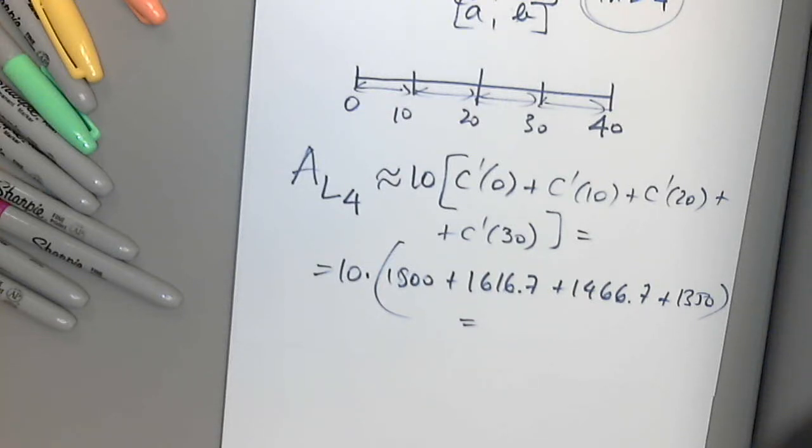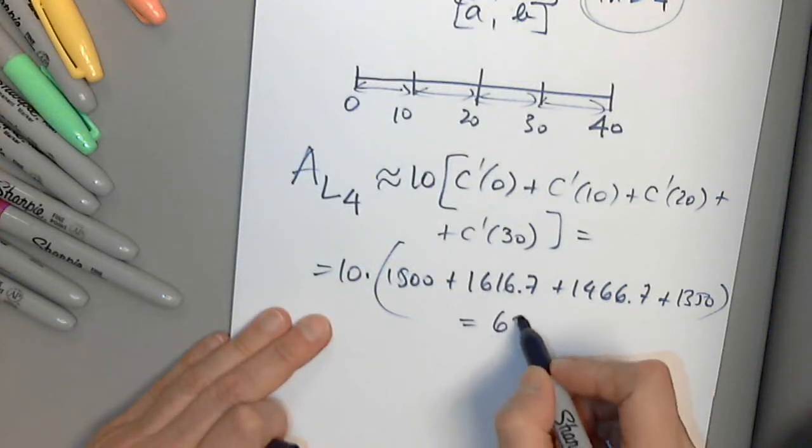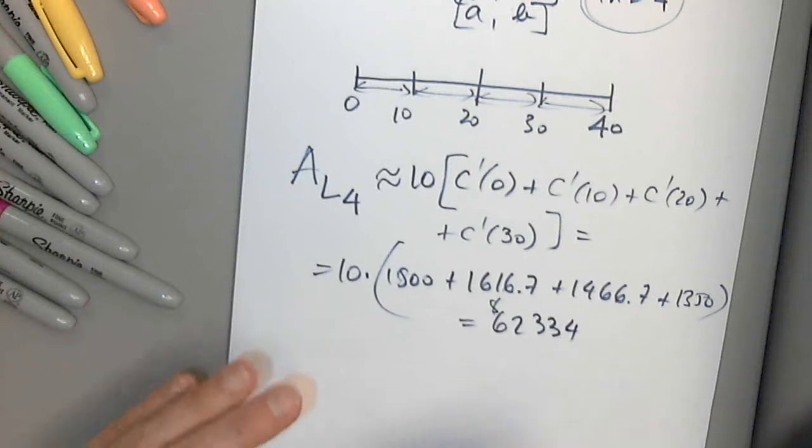Okay, so 1800 plus 1616.7 plus 1466.7 and plus 1350, right? I sum them up and I multiply by 10. And what do I get? 62,334.